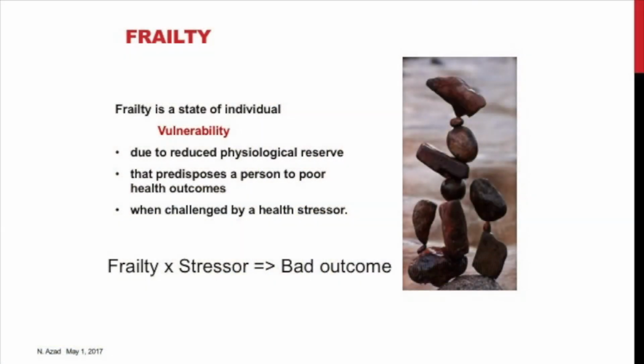On the other hand, frailty is a very peculiar, awkward situation in which they are quite vulnerable. They have limited physiological reserve. Even a minor stress can tip them over and they will have poor health outcomes. So these are the two ends of that spectrum.